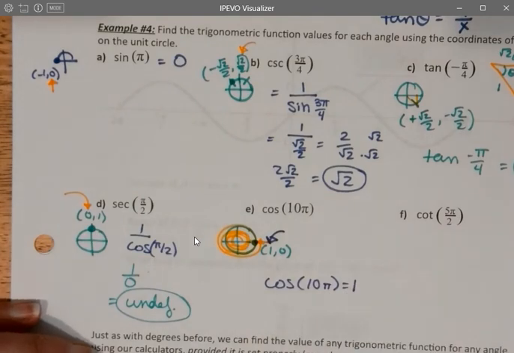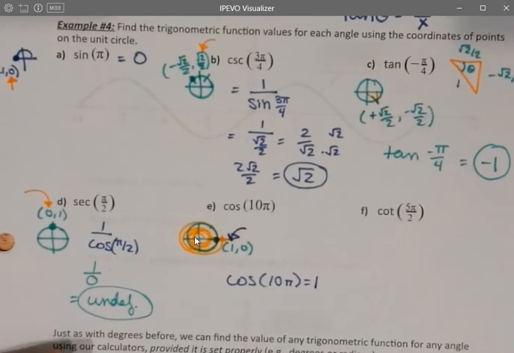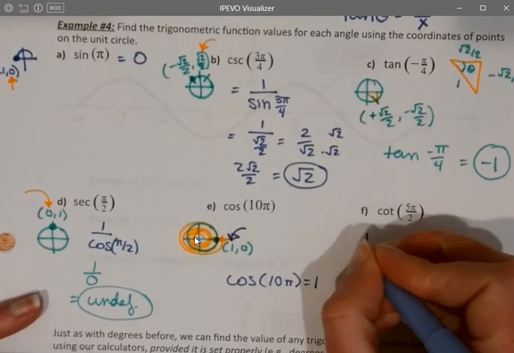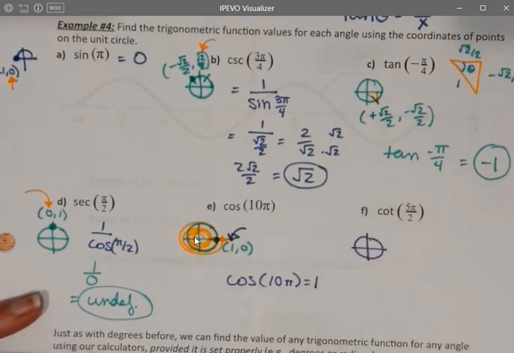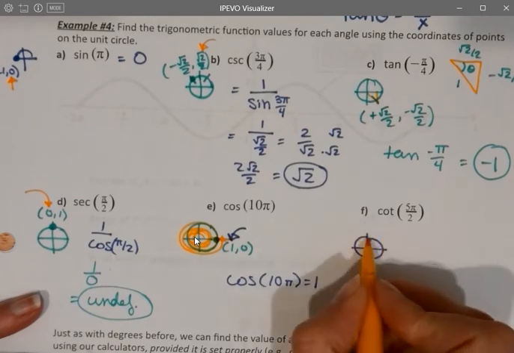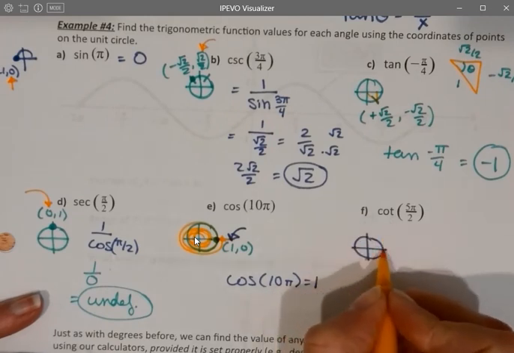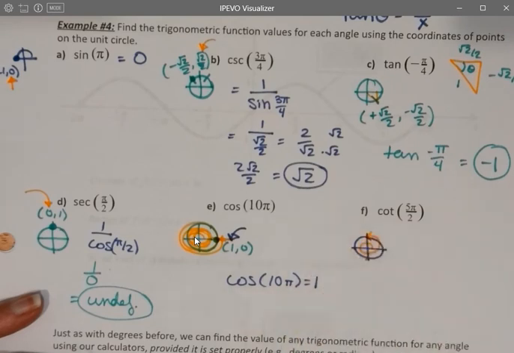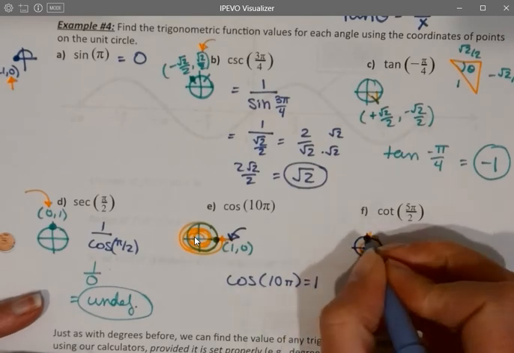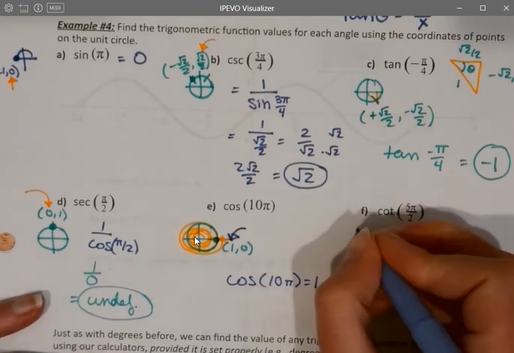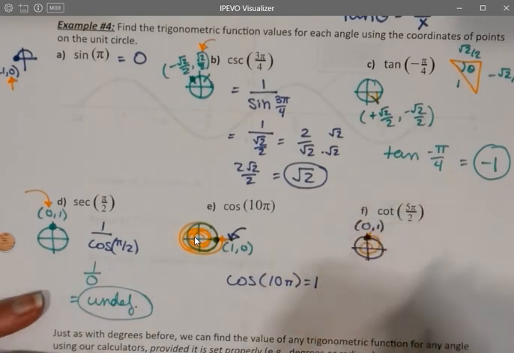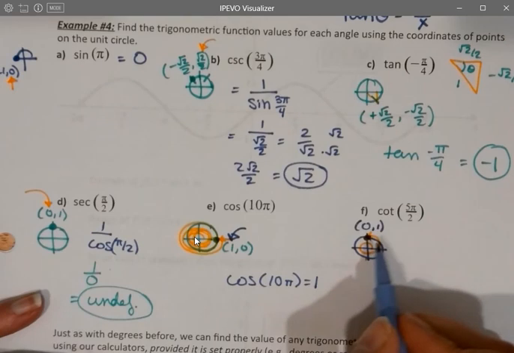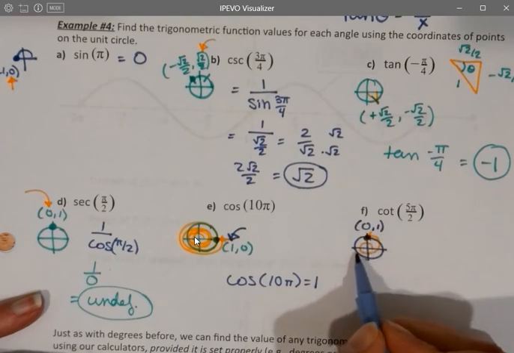And the cotangent now of 5 pi halves. Where is 5 pi halves on the unit circle? If I count my pi halves, I have 1, 2, 3, 4, 5. So if I go all the way back around to this point up on top at 0, 1, I have the angle 5 pi halves. 1 pi halves, 2 pi halves, 3, 4, 5, right?